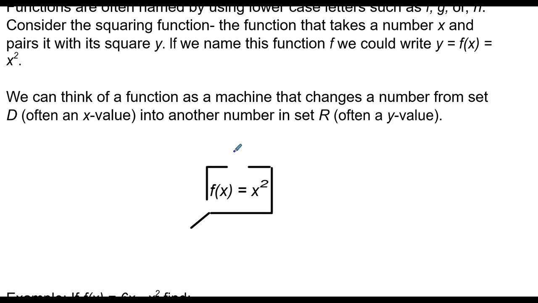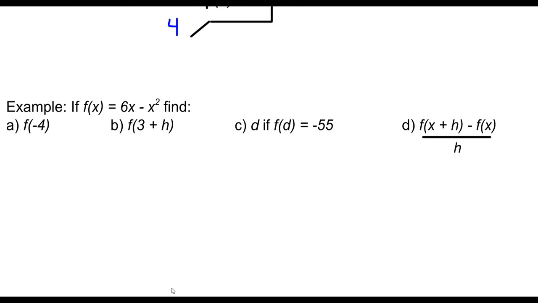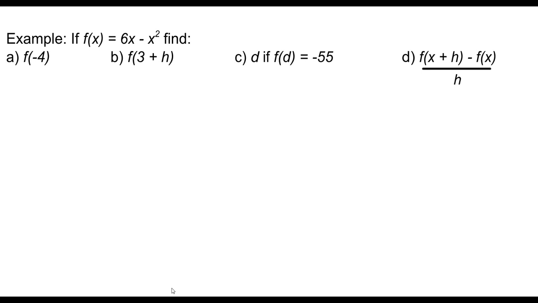So if I were to drop the number 2 into this machine, the machine is going to square my term, and it's going to spit out a 4. So for example, if f of x equals 6x minus x squared, find f at negative 4. So in my notation, I have replaced x with a negative 4, so I'm going to do the same in my equation.